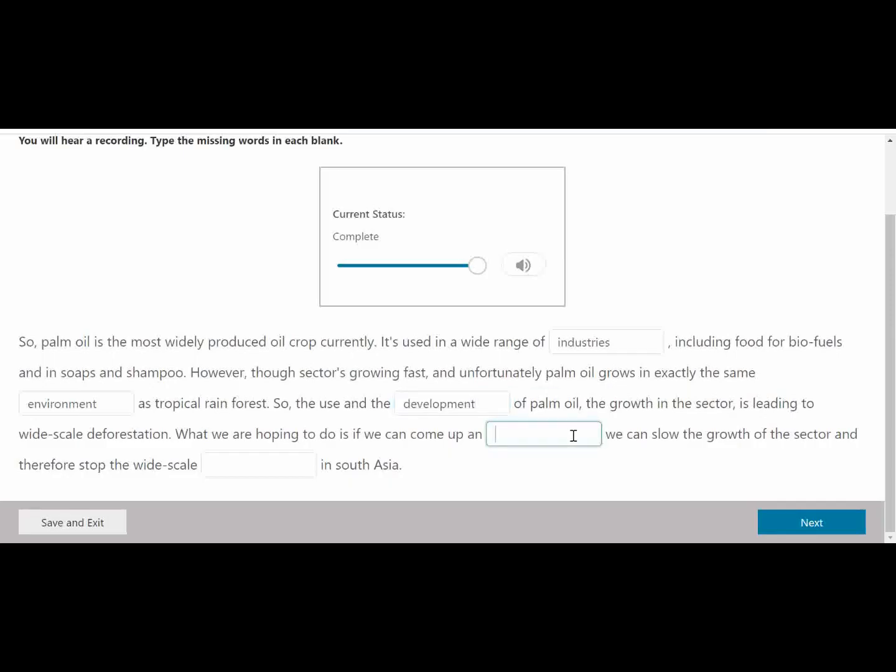Next is come up with an alternative. And next is deforestation. So if you have confusion, then you can check the spelling of deforestation from here also in the second last line. So the first one is industries, environment, development, alternative, and deforestation.